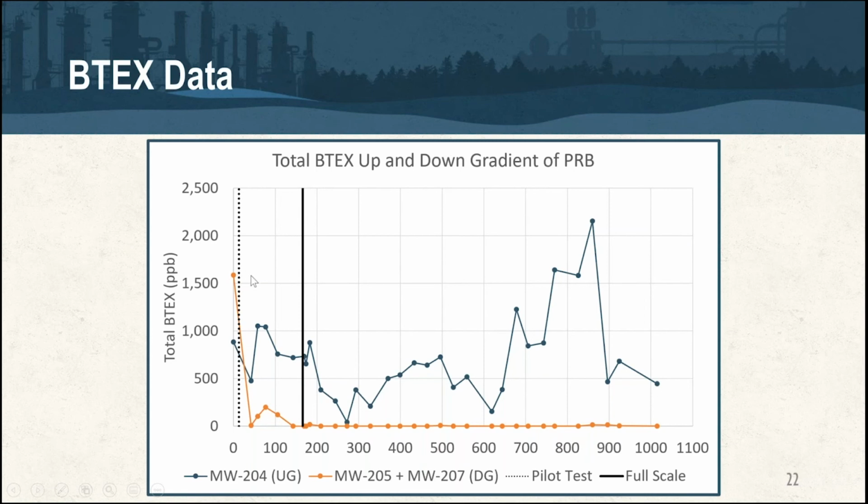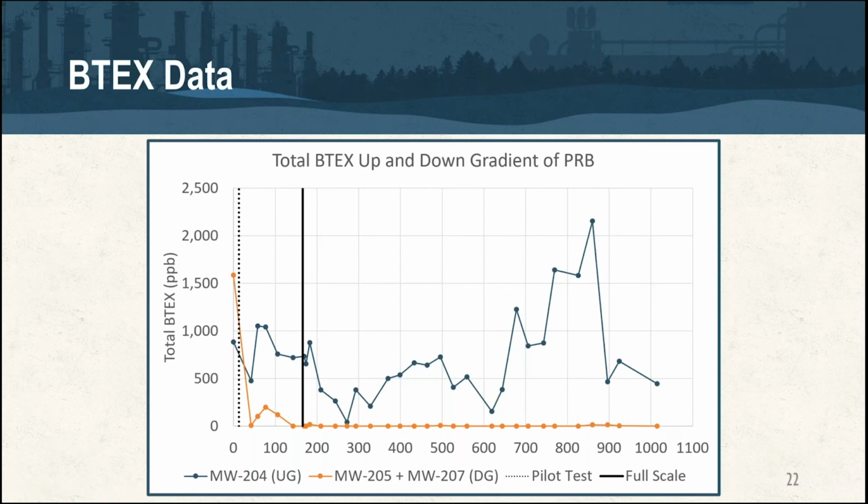Since the full-scale implementation, we've been able to keep those down. There was a really small blip that corresponded to increased flux coming from the concentrations here, but that did come back down. We're about 1,000 days post pilot test.